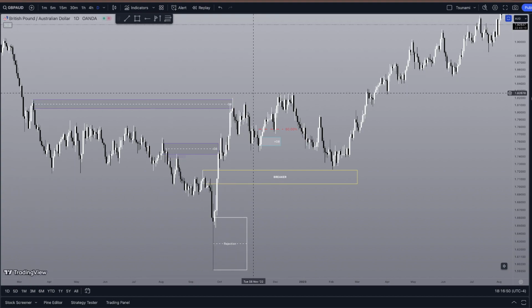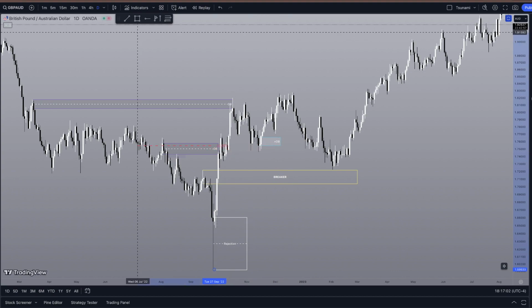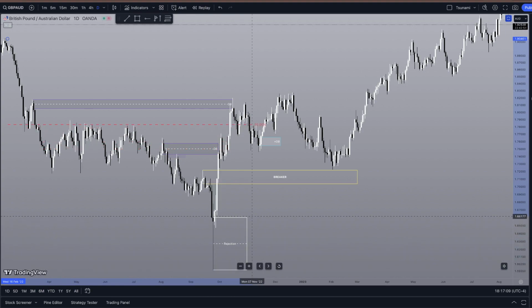This is just stuff that, once you start really understanding premium and discount, let's just bring this up to right here, right? You are in the premium array. You are back into the premium array of a higher time frame premium discount array.